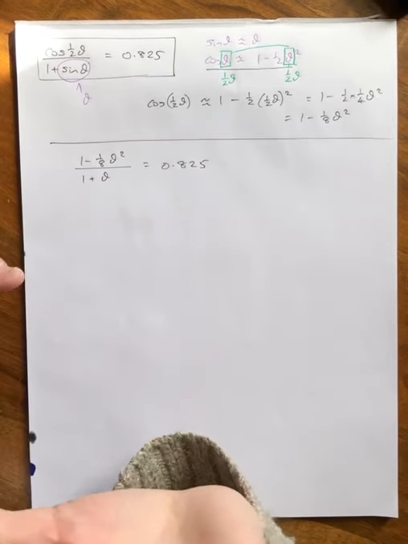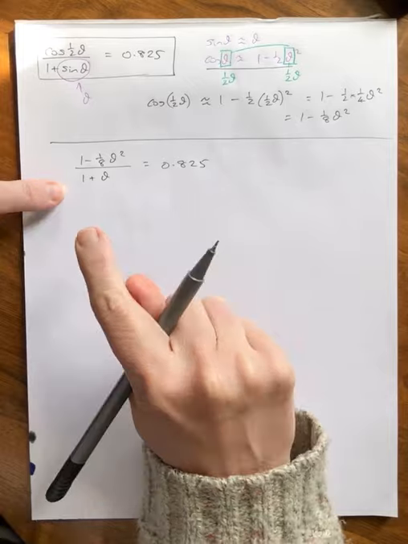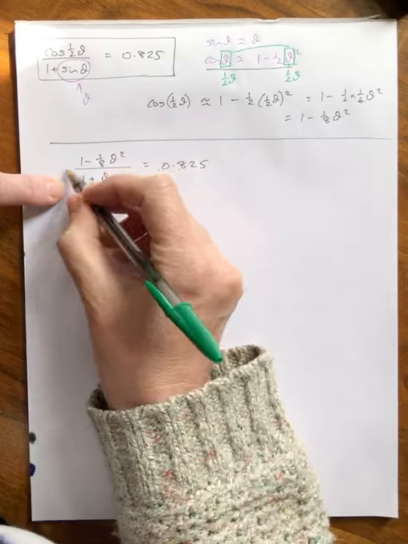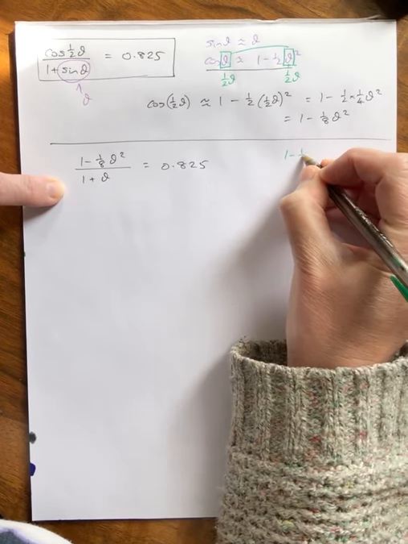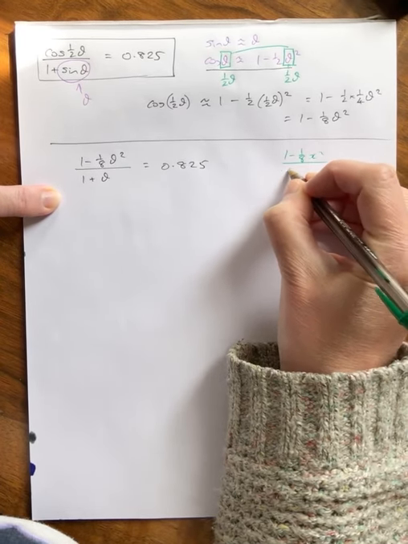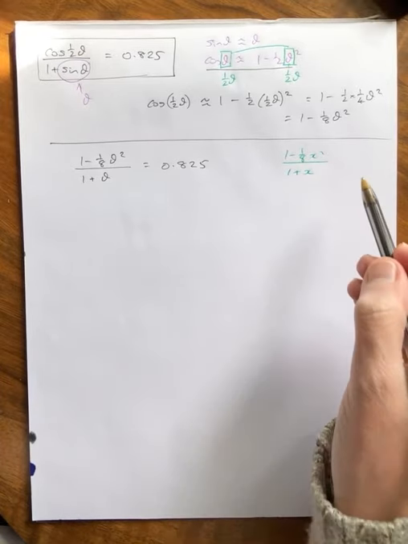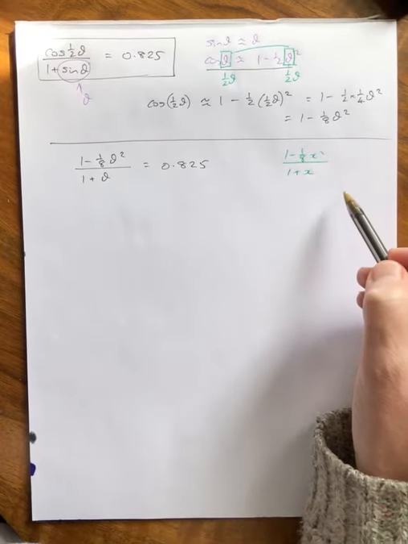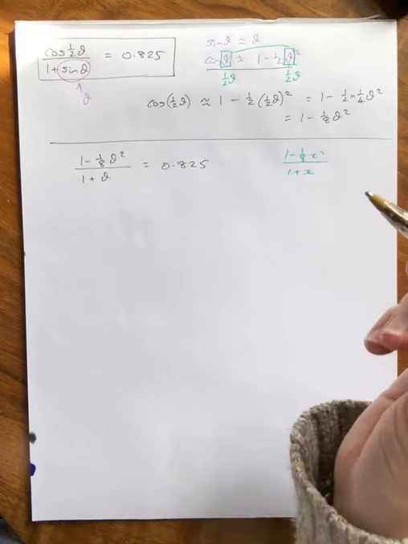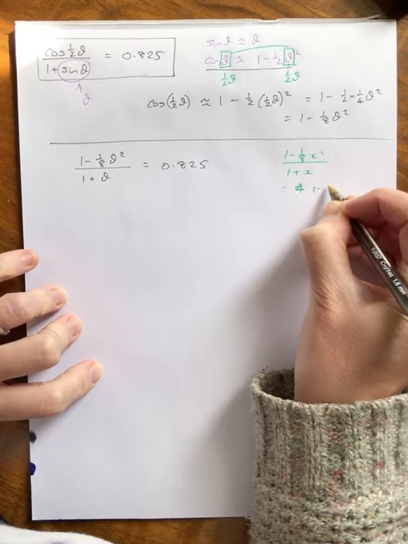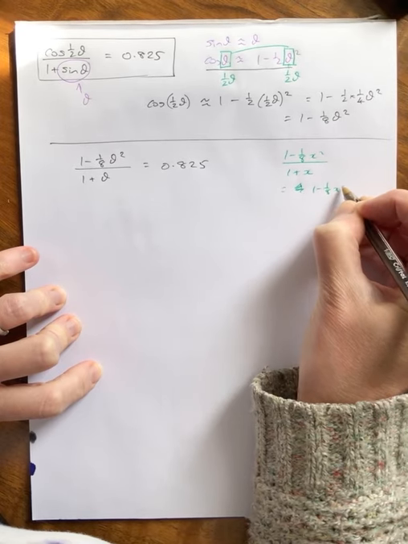0.825. Now, a few of you are clearly thinking back to last week's work, when you were dealing with expressions. If I write it in terms of x, the same expression but with x instead of theta, the word approximations was being used, but you would rewrite it like this.